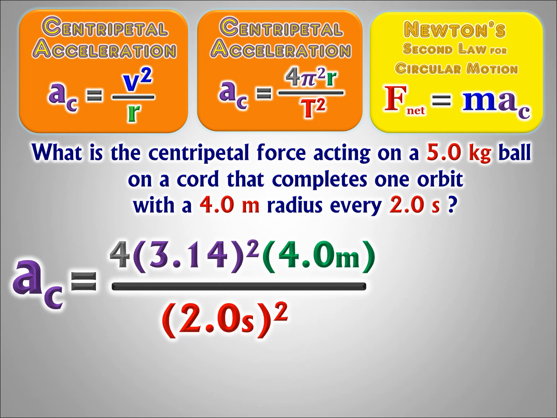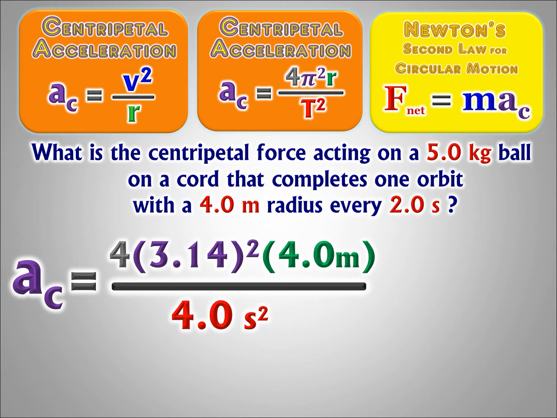Well, that's easy. Let's do the denominator first. That's a lot easier, right? So 2 squared is 2 times 2. Seconds squared is seconds times seconds. So we get 4.0 seconds squared in our denominator. And then it's interesting because in the numerator we do have pi squared, but we also have 4, and then we have another 4. So it's kind of 4 squared, which is 16, times pi squared.